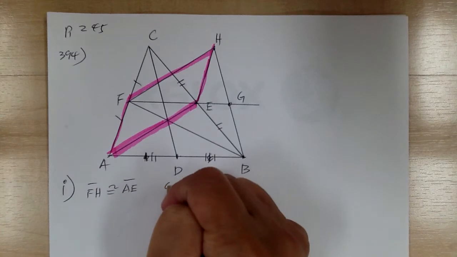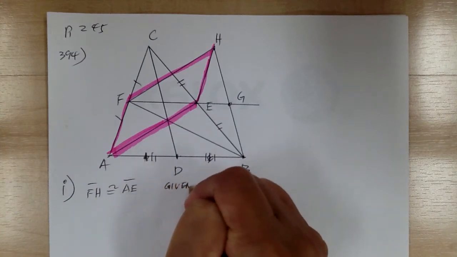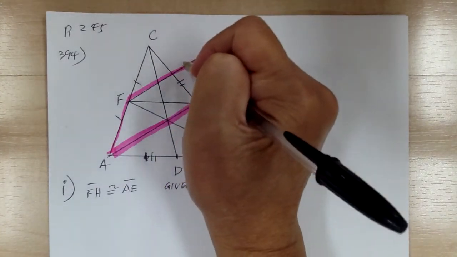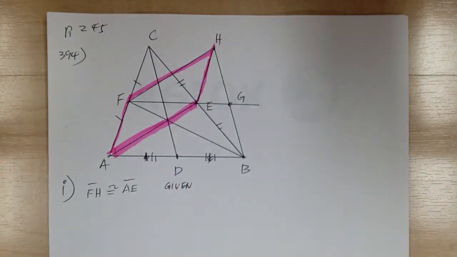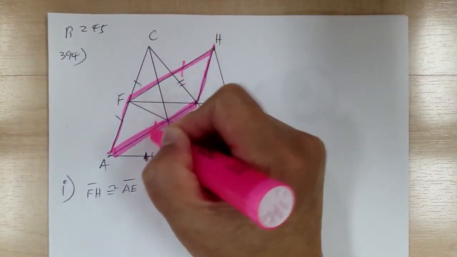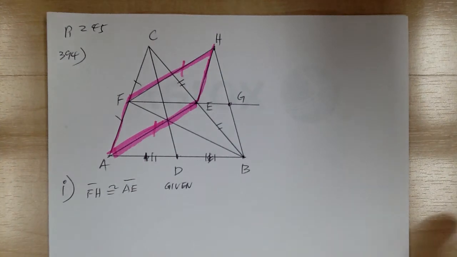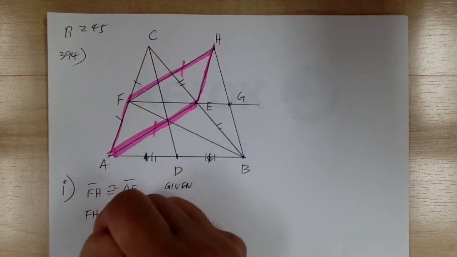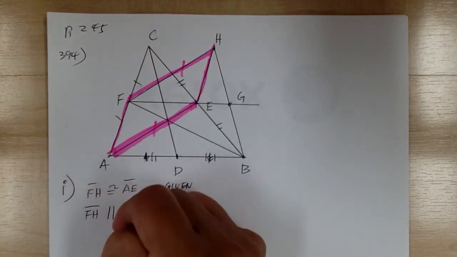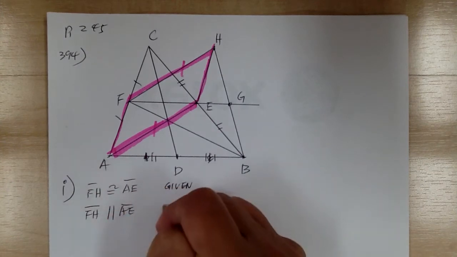So this is given. Let's go ahead and mark that. And then you have FH is parallel to AE. Again, that's given.